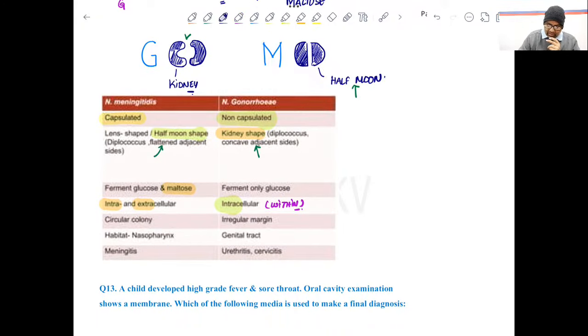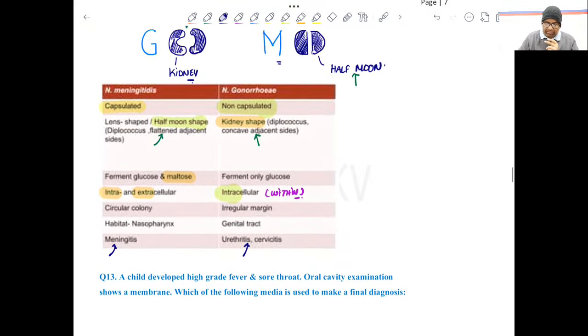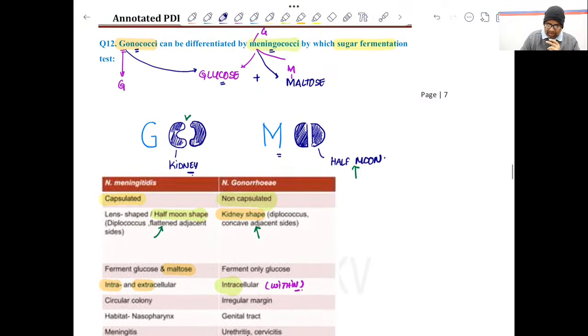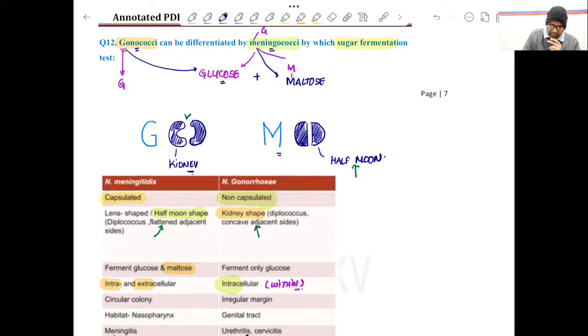And then the conditions which are caused: Meningococcus will cause meningitis, and Gonococcus will cause gonorrhea, that will present as urethritis and cervicitis in male and female respectively, right? So these are few differences which you should remember. Of course, one is in terms of their shape, and second is in terms of the sugar which they ferment. So Meningococcus will ferment both the sugars, glucose and maltose, whereas Gonococcus will ferment only glucose.